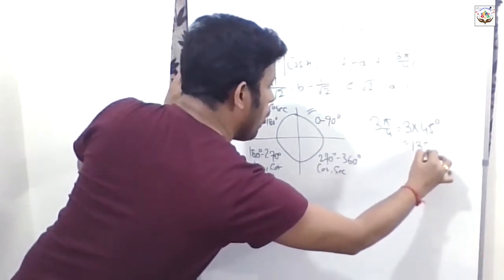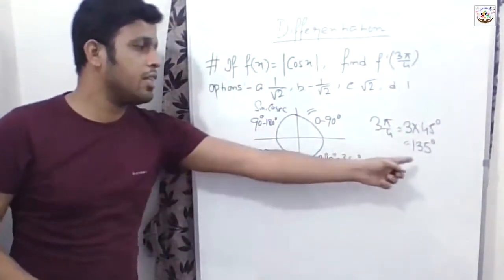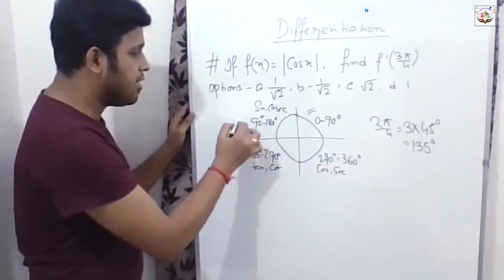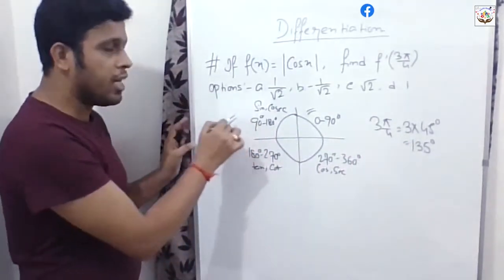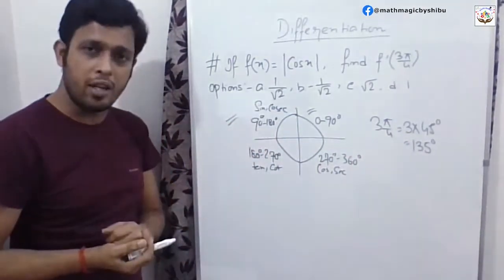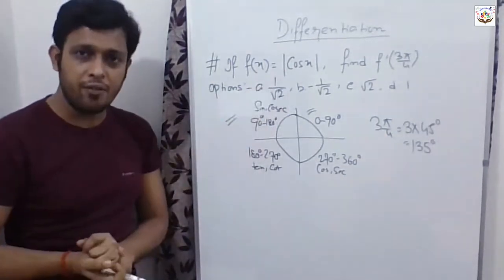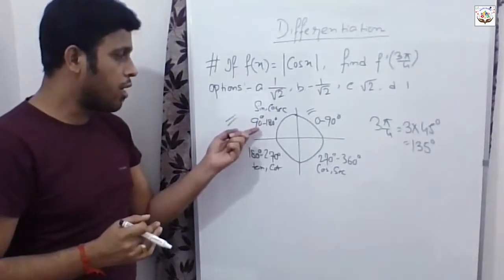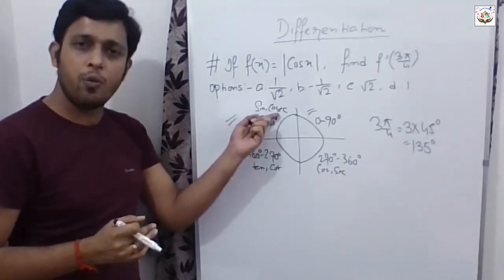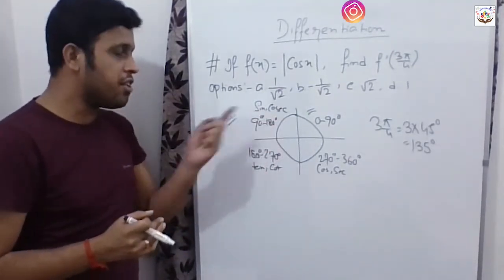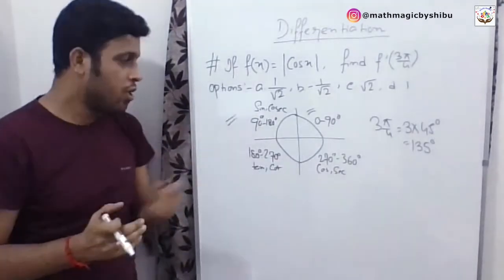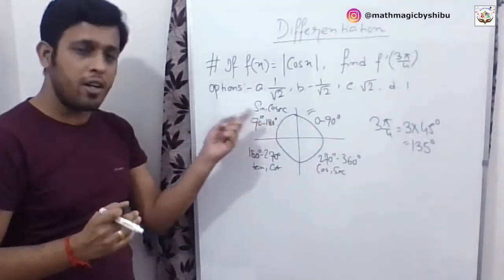So it becomes 135 degree. So 135 degree lies in the second quadrant, right? We know in the second quadrant only sine and cosec will be positive. All the other trigonometrical functions will be negative. So cos will be negative in this quadrant.